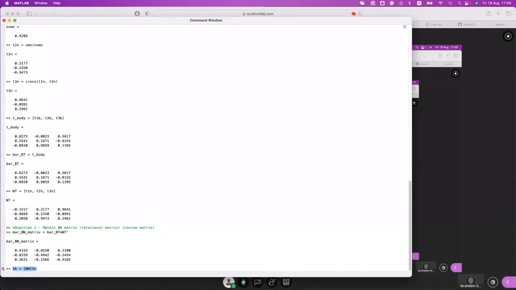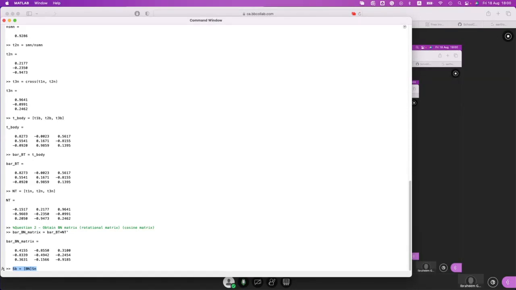If you do a dot multiplication of your matrix Bn and your Sn, it gives you the measurement for your sun with respect to the body. But basically in most cases, we would have to calculate and compute our Bn matrix. And then we can do whatever we want with it.